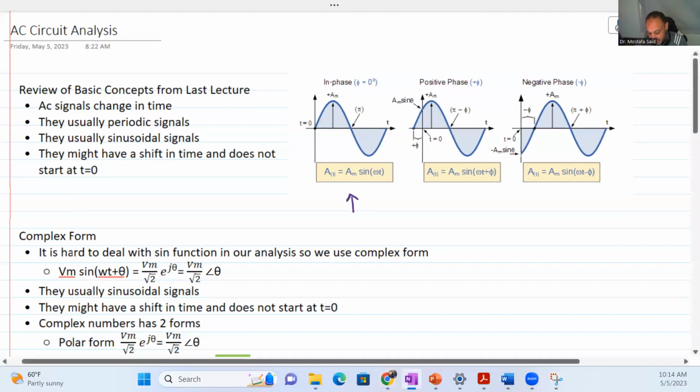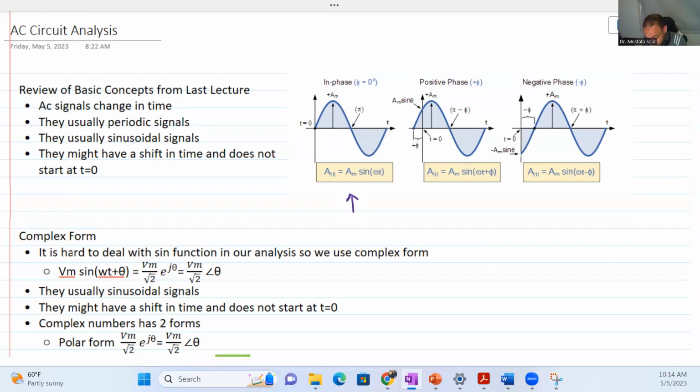This is a periodic signal, and usually it starts at zero. But sometimes the signal doesn't start at zero, and in that case we say there is a phase.